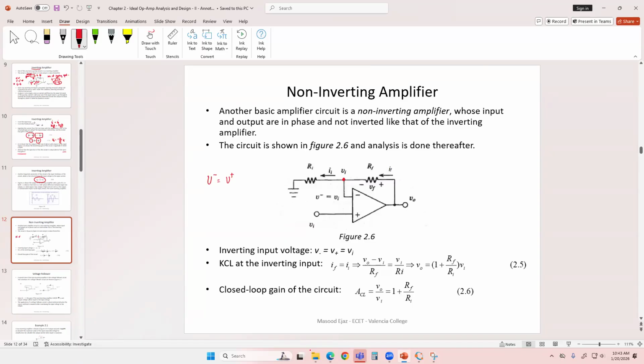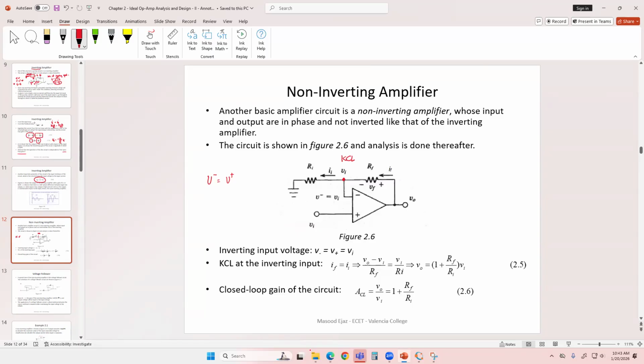Although this is not connected to the input source, due to the approximations and the ideal characteristics that we have studied, when we apply the source voltage at the non-inverting input, the same voltage is going to appear at the inverting input. And then you're going to apply the KCL at this node to determine the relationship between the output and the input voltage and the overall gain.